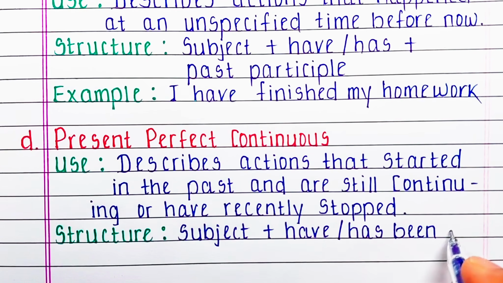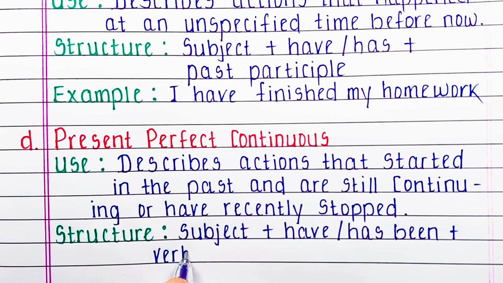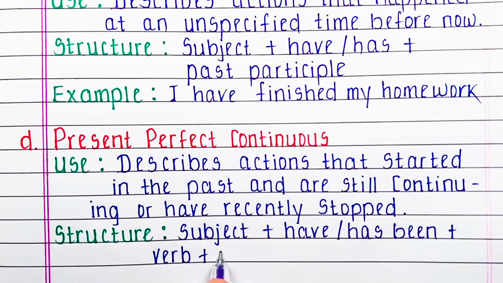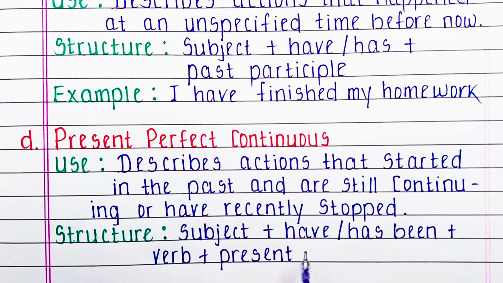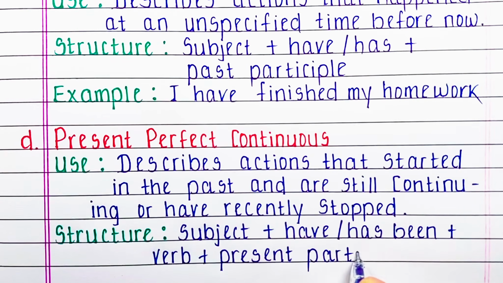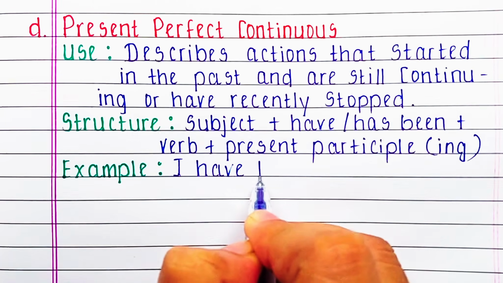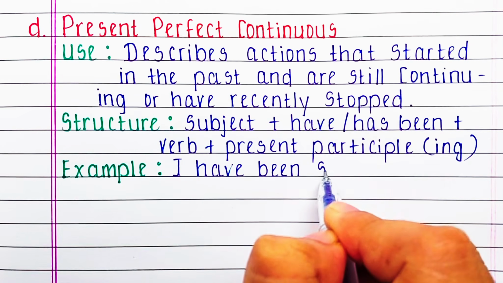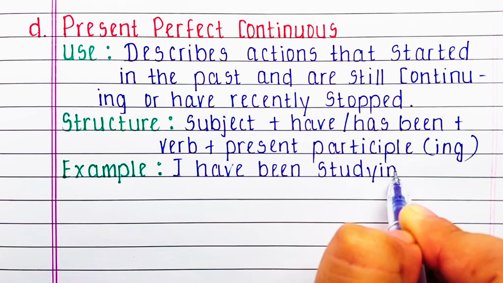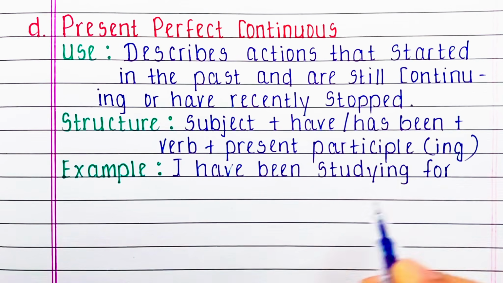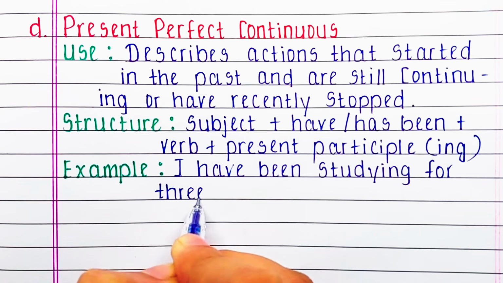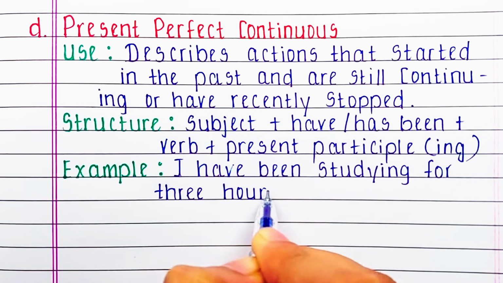Let's discuss about its structure. Subject plus have or has been depending upon the noun plus verb in present participle form. For example, I have been studying for 3 hours.